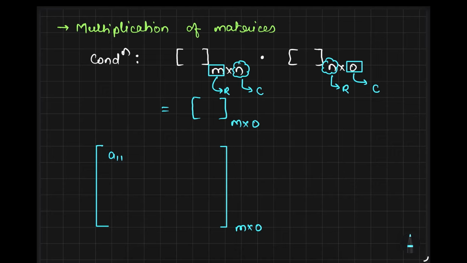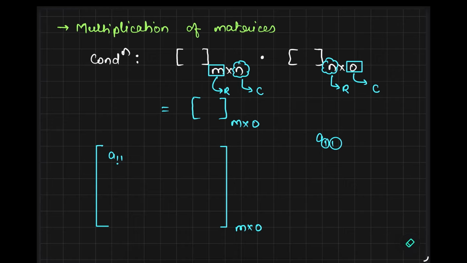So what you have to do is look at this first element, A11. You have to multiply the elements of row 1 of the first matrix with the first column of the second matrix.